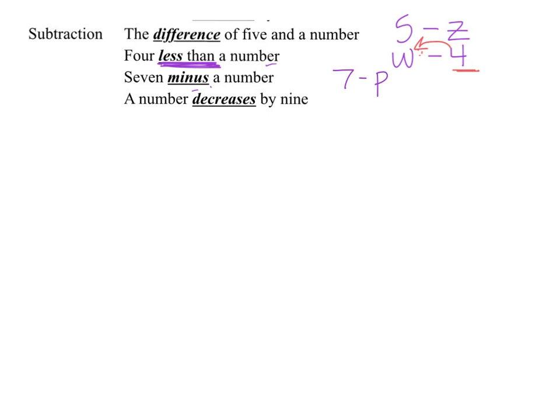Pick a variable. A number means we don't know, so like X or Y. I heard someone say C decreased by 9. Those are all your subtraction examples.